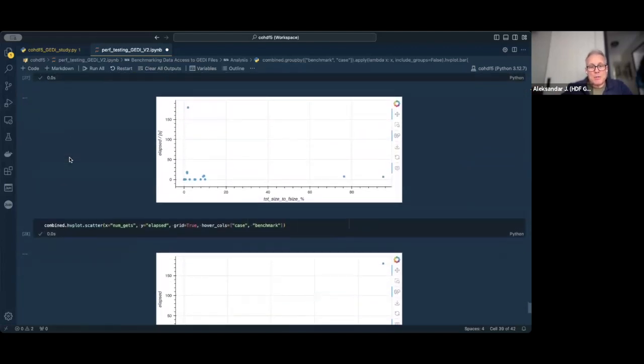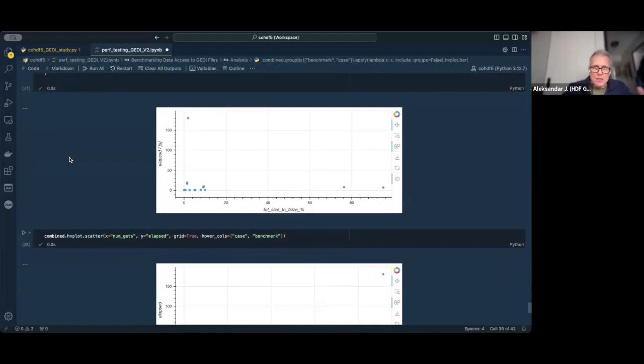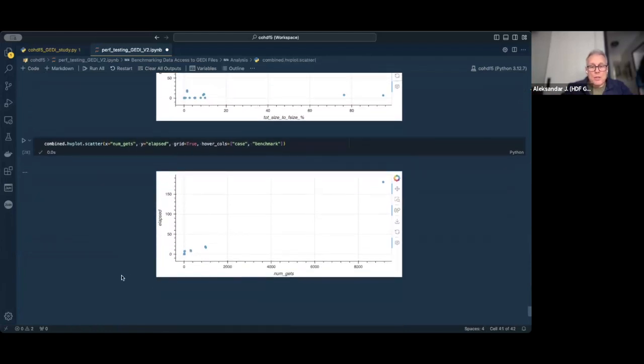When I actually now plot the time it took to run everything and the amount of data brought in, or the number of HTTP requests and the time, you obviously see that you really ought to be here. Small requests and small time. And now we can see which one of those.